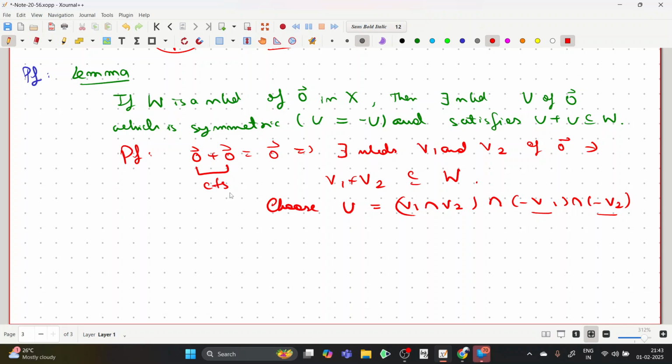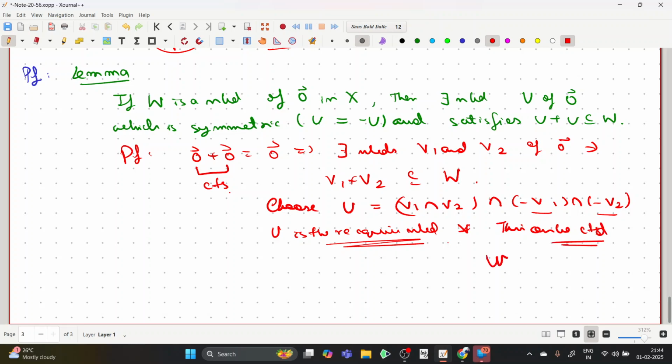You can check that, that's a routine exercise. So choose U, then U is the required neighborhood. Moreover, I can actually keep on continuing this. This is just a remark that this can be continued. How can I continue this?